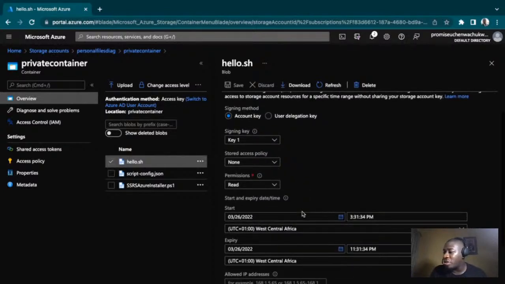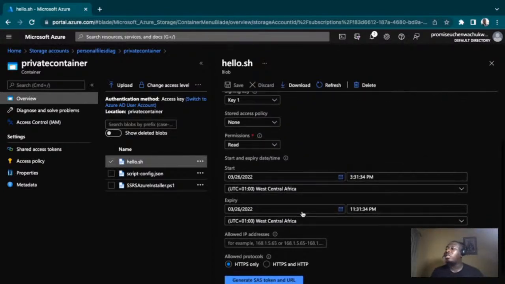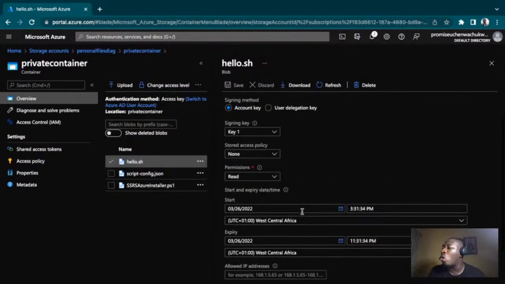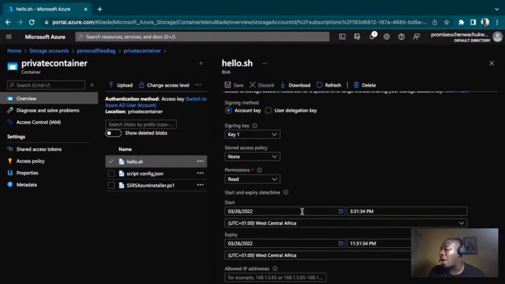So take, for instance, I can say I want this key to be available for, let's say, an hour. So I could come here, you can see the date, and you can see the time. This time is currently 3:31 p.m. West African time. Let's say I want this key to be available for just an hour, right?